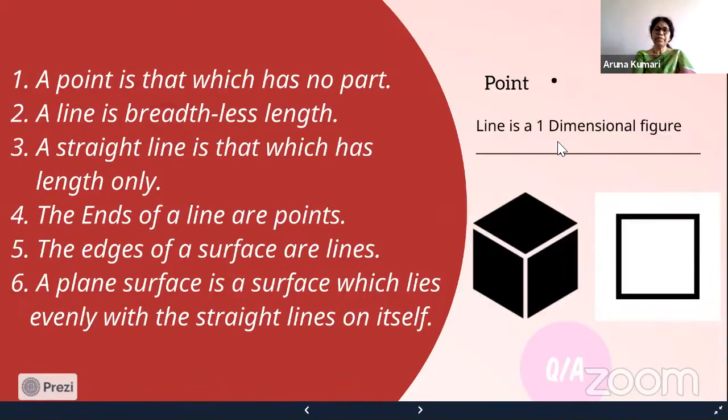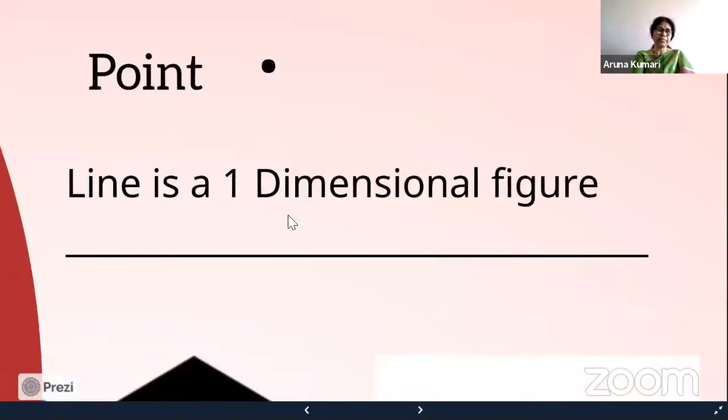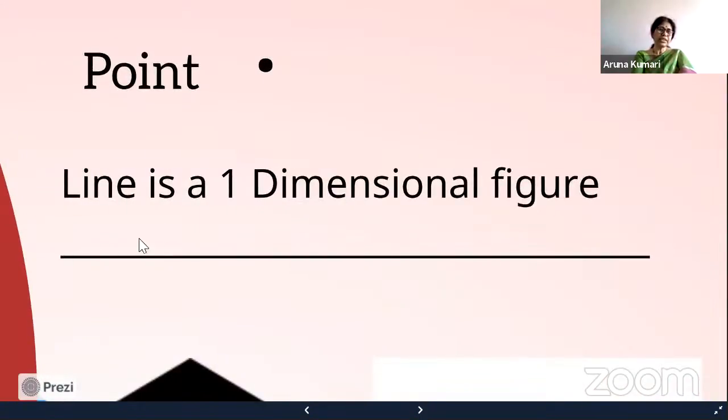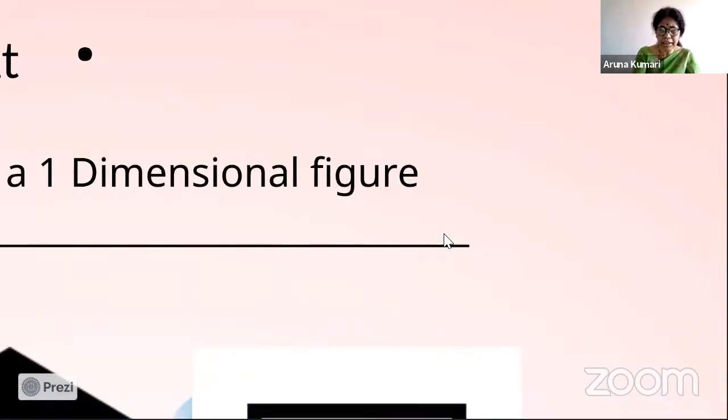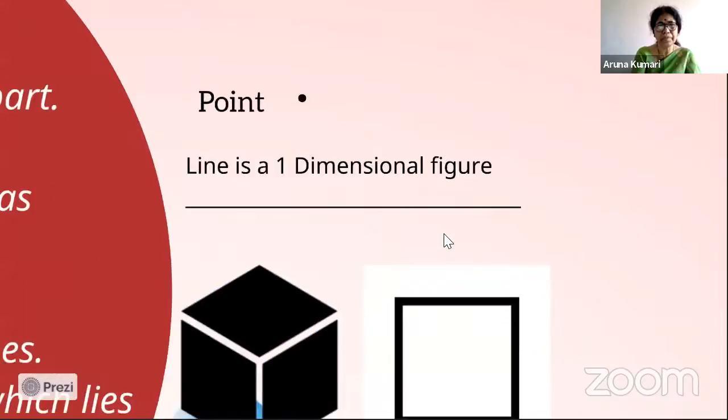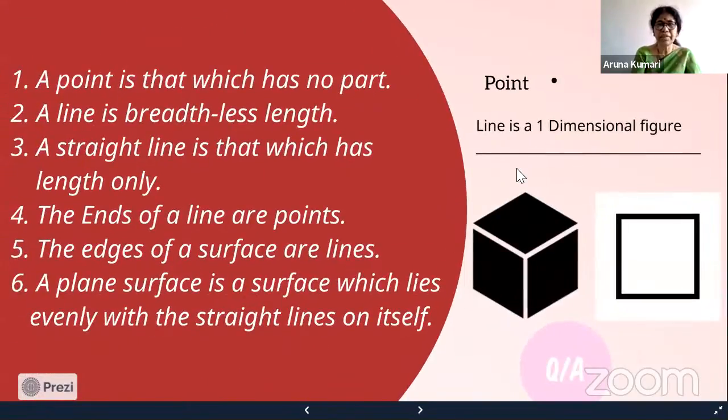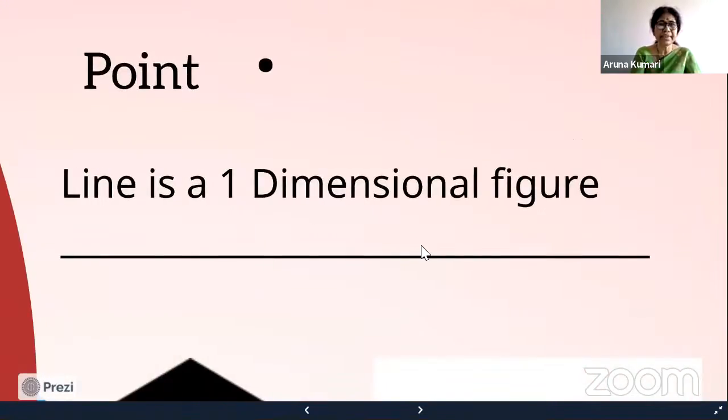Next, coming to the 1-dimensional figure. What is this? Line. How many dimensions does a line have? It has only 1 dimension. Why? Because only length is there, no breadth. Single dimension, we can also say 1 dimension.